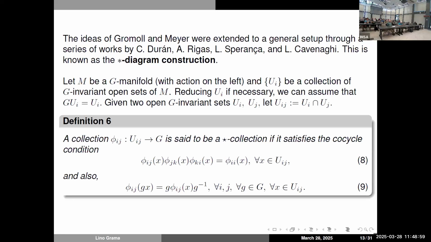If you start with M, a G-manifold with the action, and pick U_i as a collection of G-invariant open sets, then up to some adjustment we can consider the union of U_i equal to M. Given two G-invariant sets, we denote by U_ij the intersection. Then we have this definition: we call a family of functions phi_ij from U_ij to G a star collection if it satisfies some cocycle condition and has equivalence by conjugation.